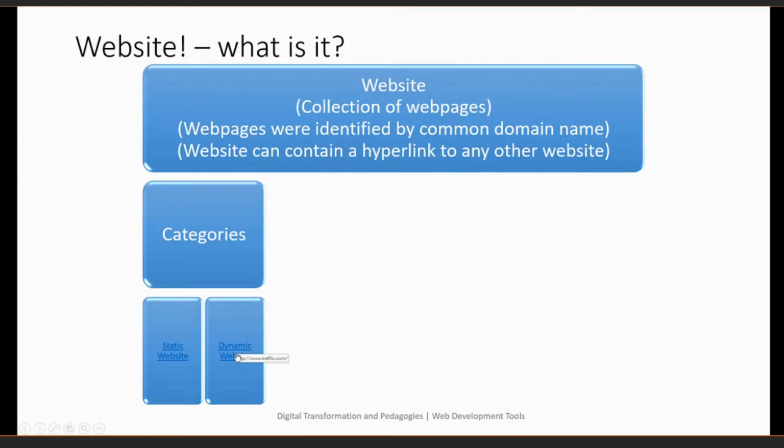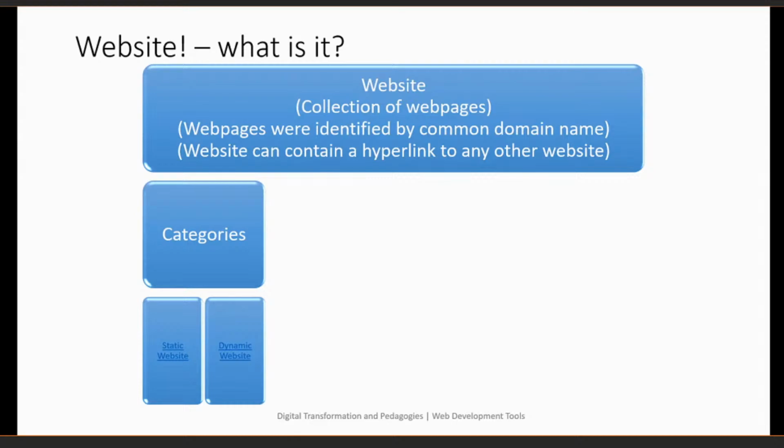Sometimes news may have static textual content, sometimes videos, and sometimes references to other social media applications like Twitter and WhatsApp. That's where a website can contain hyperlinks to other websites or applications. So that's how websites typically get categorized. Now we'll see what different types of websites there are, right?